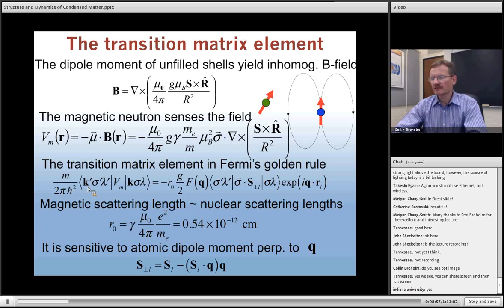So that integral gets carried out, and what shows up then is this function f of q. I'm going to mention that a little bit in my next step. That actually will end up being what we call the magnetic form factor, and its extent in momentum space is actually a measure of the spatial extent of the spin density. So that's essentially most of what gets left from calculating the matrix element involving the plane wave state of the neutrons.